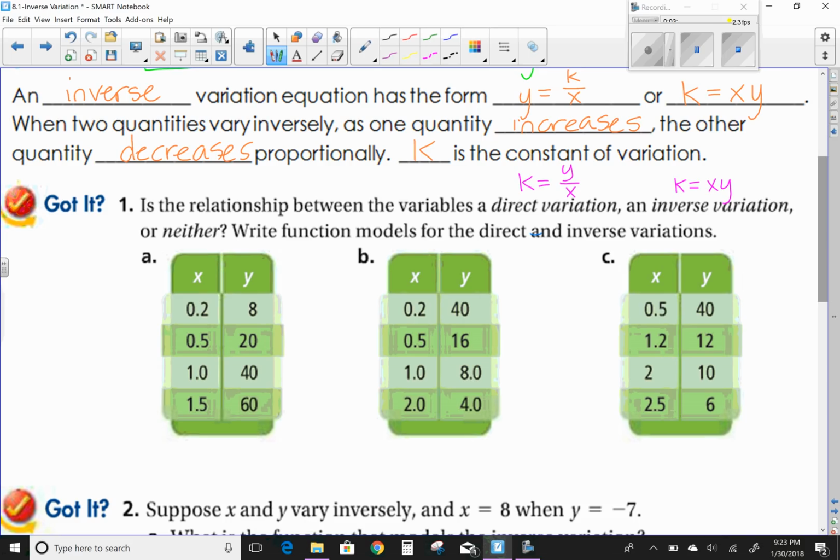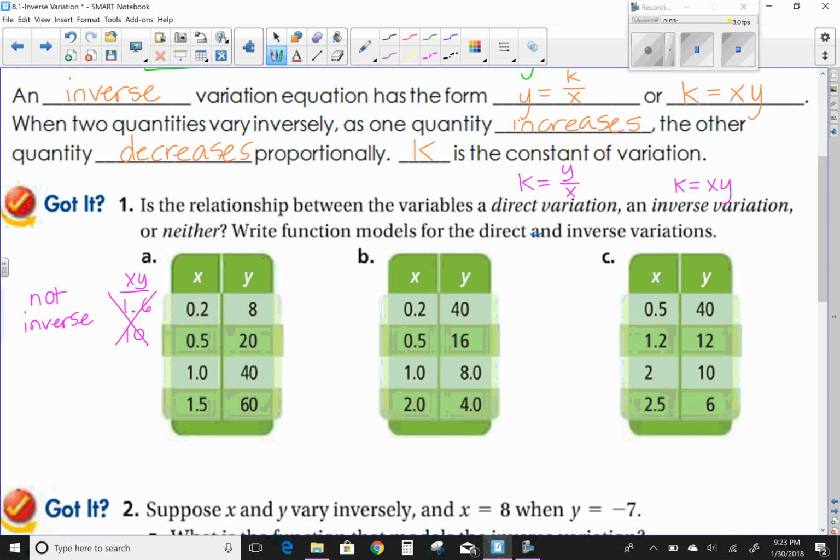So 8 times 0.2 is 1.6, and 0.5 times 20 is 10. Since those are not the same, I do not have inverse variation, because what happens on multiply is inverse.